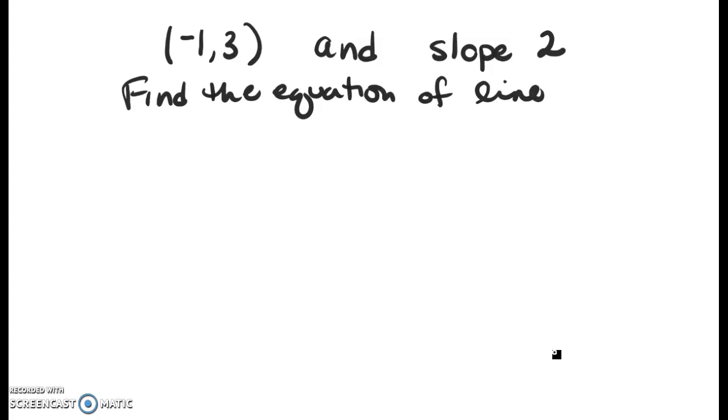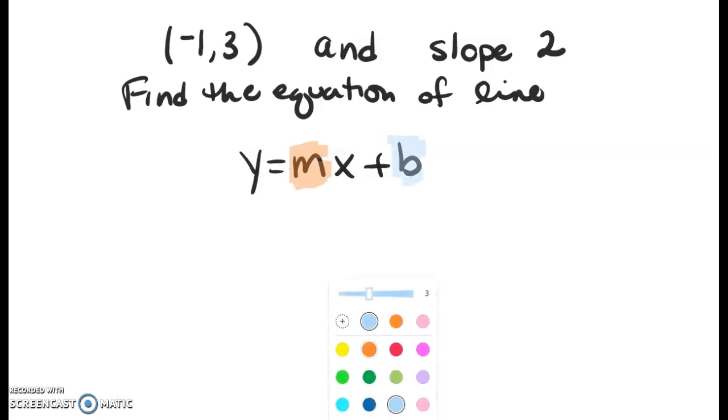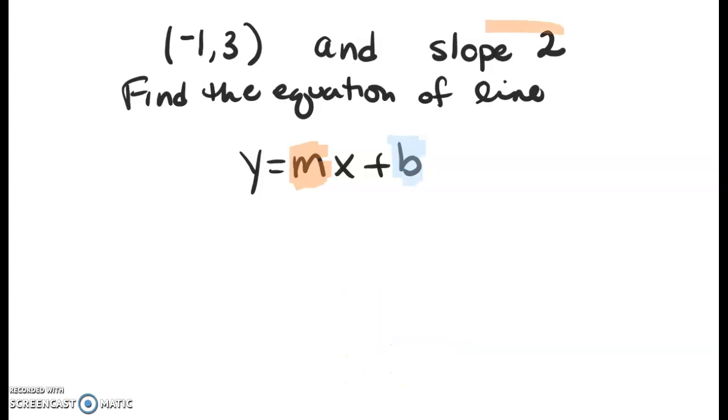And you do that by writing the slope-intercept form, and you plug in the value for m and you plug in the value for b, and then you're all set. So in this case, the slope is given to me.